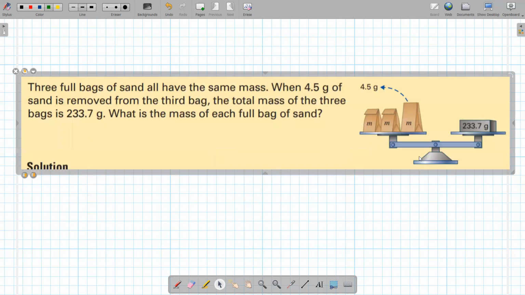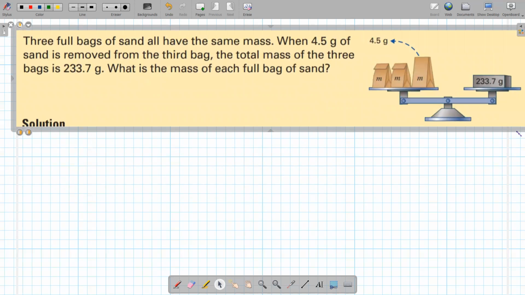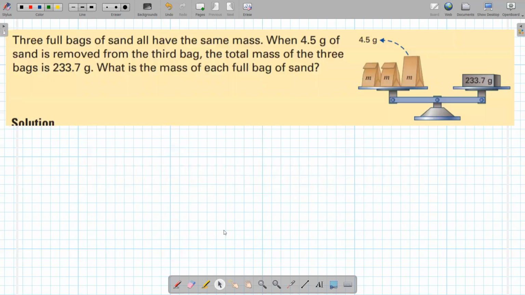All right, why don't you read this, and I need you to tell me the equation. Read this and give me the equation for this.